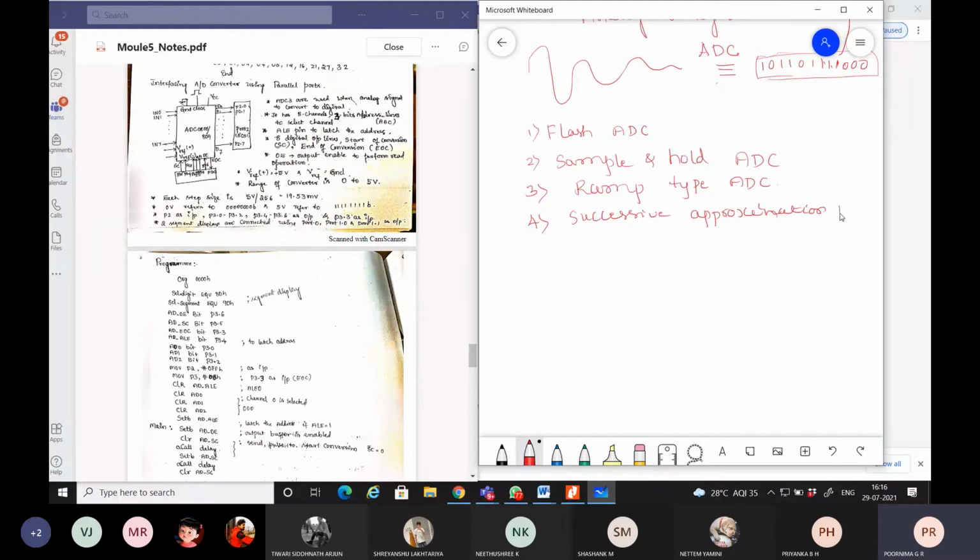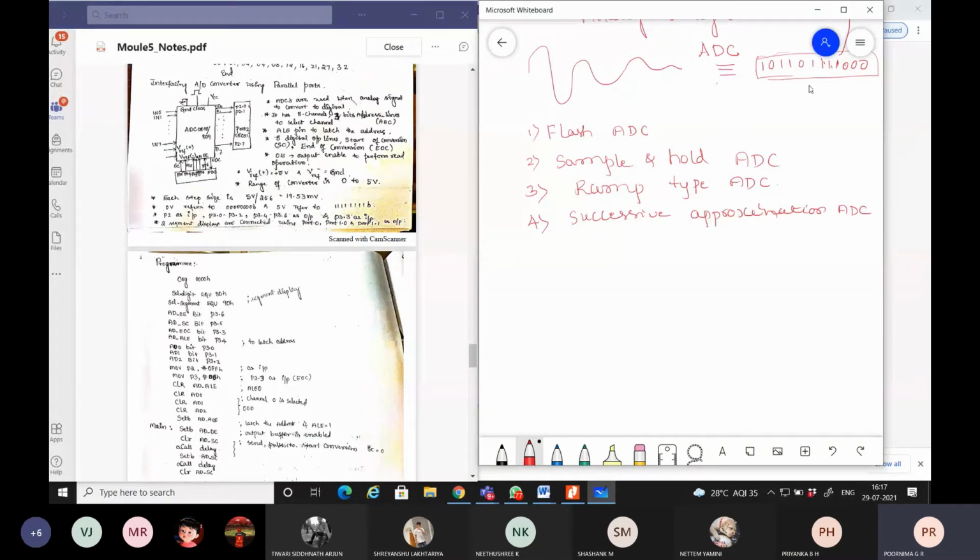There are many others: dual ramp ADC, single slope ADC, many types of ADCs you have in the real world, and all these ADCs, whenever they take an analog input, take it in the form of discrete signals and convert it into a digital output.